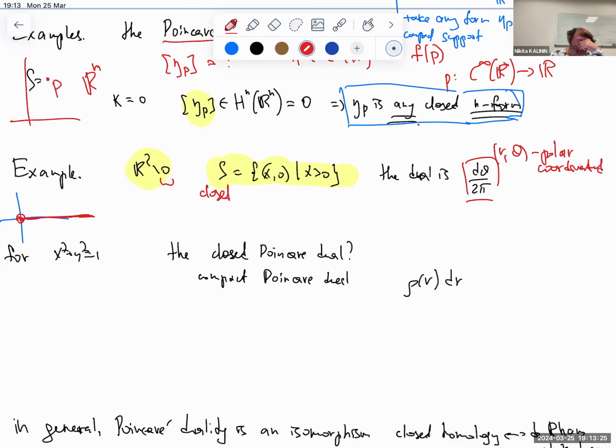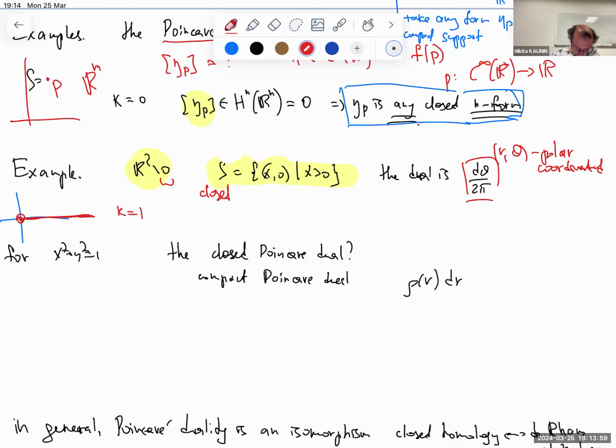Right? So how to check it? Now we have an answer, but we need to check that it's indeed the Poincare dual. Well, we should check it by definition: take any one form and integrate it over S, and then check that it is the same as the other integration.